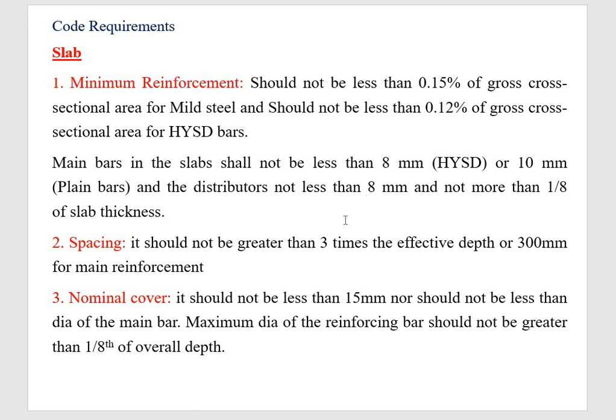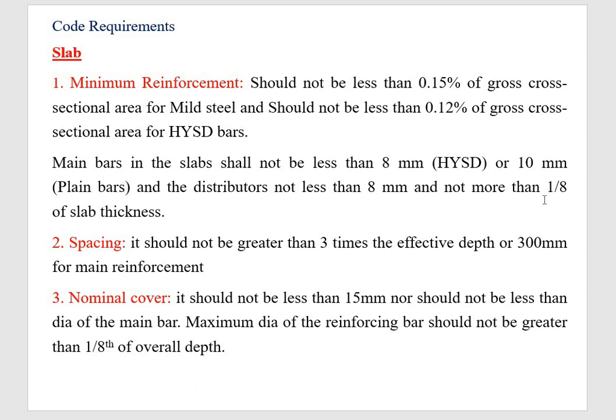And about the distributors also, they have fixed standards. Distributors should not be less than 8 mm, and it should not be more than 1 by 8 of the slab thickness. Okay, it is 1 by 8 into the thickness of the slab.